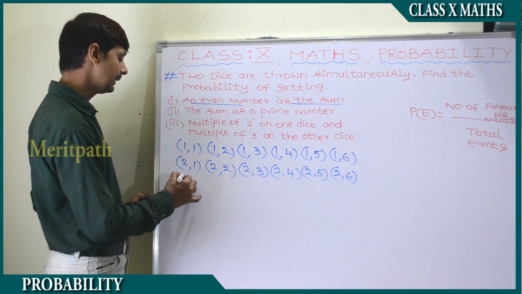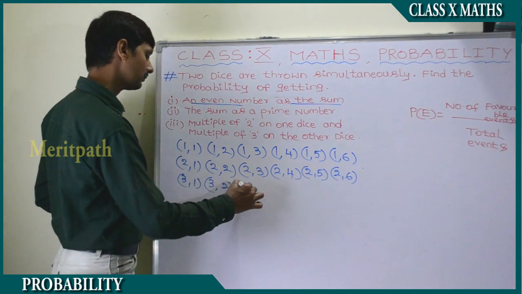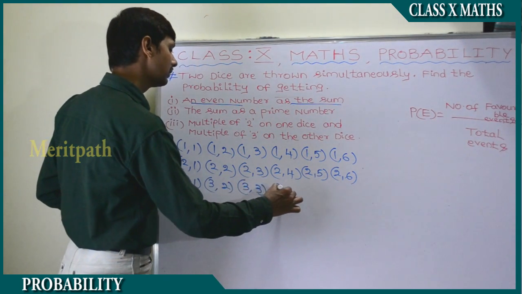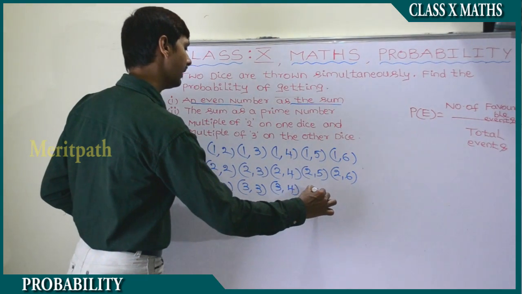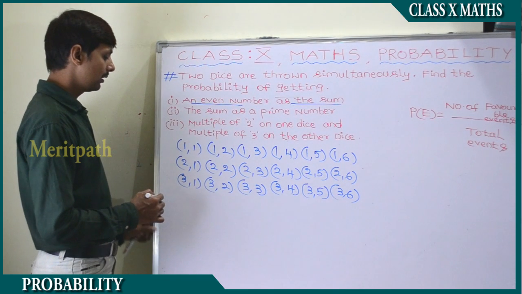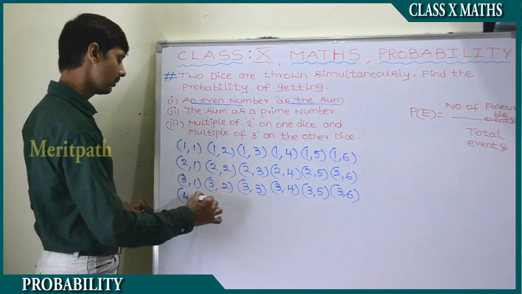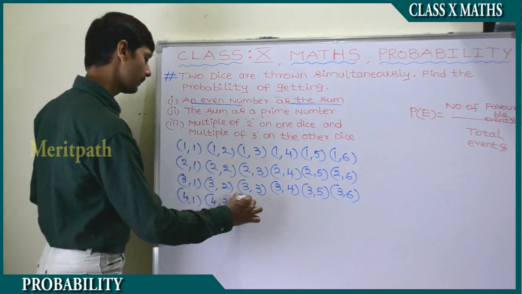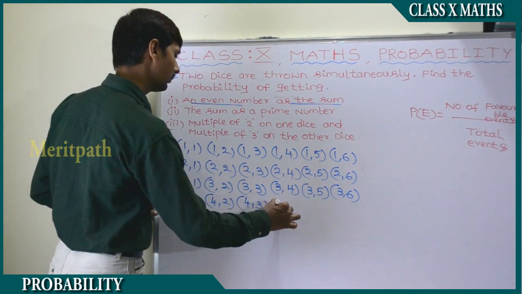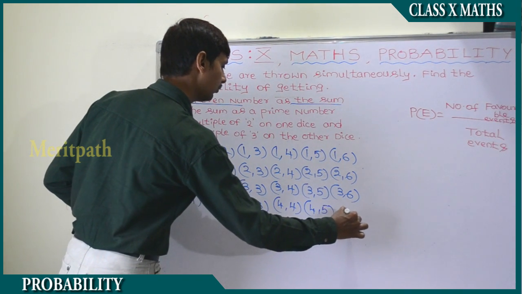Now let's take 3, 1, 3, 2, and 3, 3, 3, 4, 3, 5, and 3, 6. It's completed. And then let's start with 4 on the first dice. 4, 1, 4, 2, 4, 3, 4, 4, 4, 5, and 4, 6.